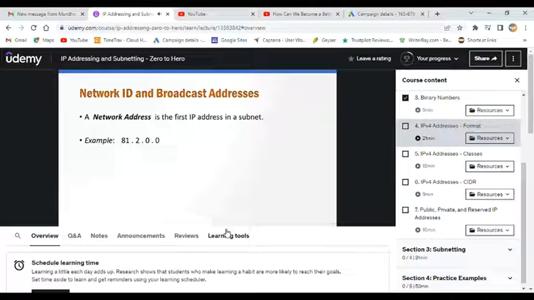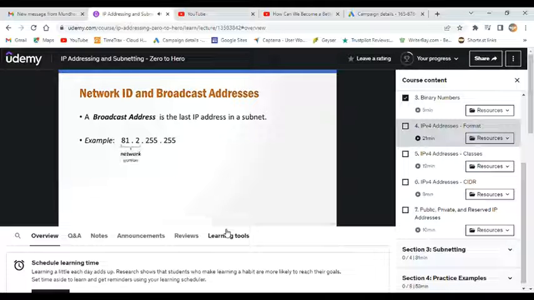Here we have an example, 81.2.0.0, where the first two octets are the network portion and the second two octets are the host portion. The network address has its host portion filled with zeros, and the broadcast address is the opposite. A broadcast address is the very last IP address in a subnet. Here's an example, 81.2.255.255.